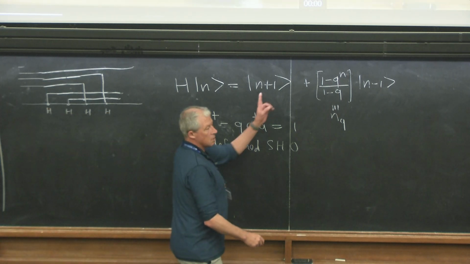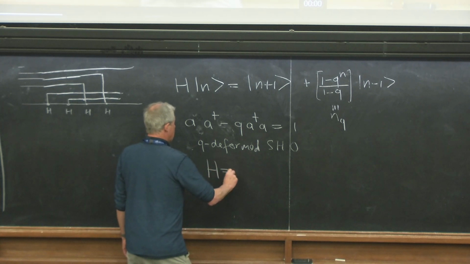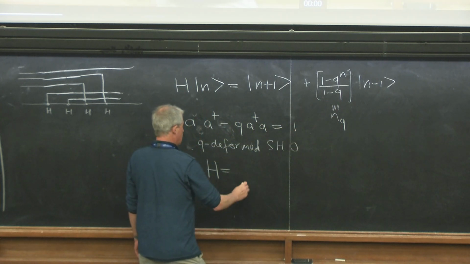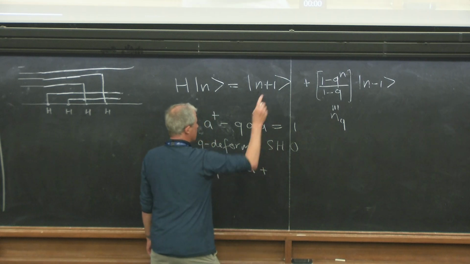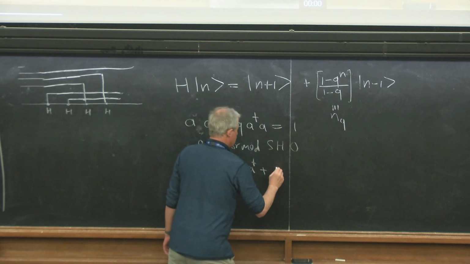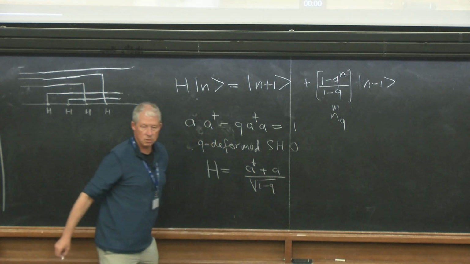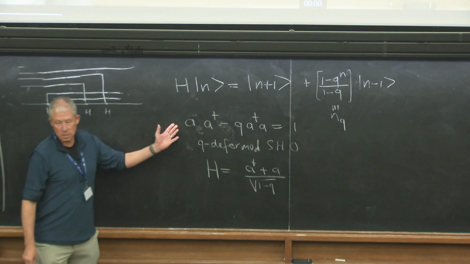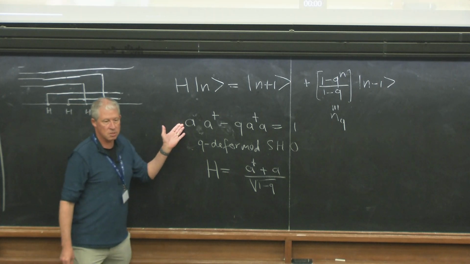And essentially what this equation tells me is that after indeed taking into account this factor of 1 minus q and doing this thing properly in terms of normalization, then this thing is an A dagger, that thing is an A, and I think the only thing I need to do is divide by a square root of 1 minus q.